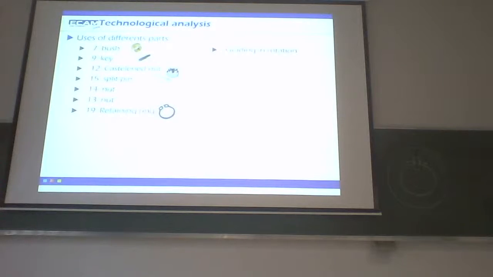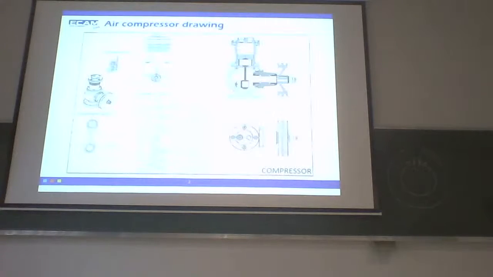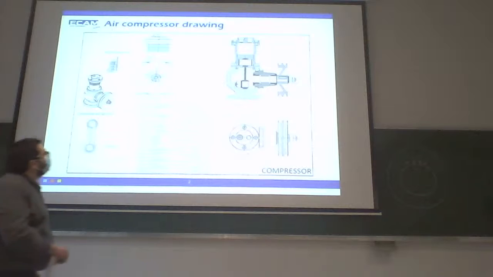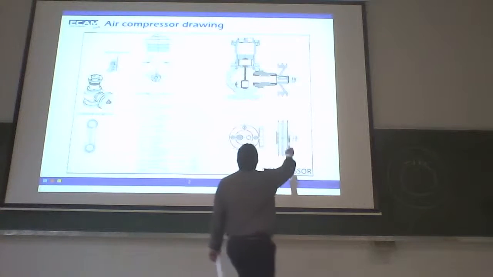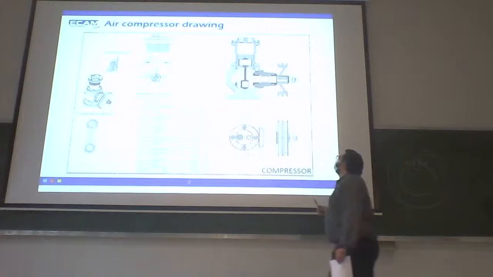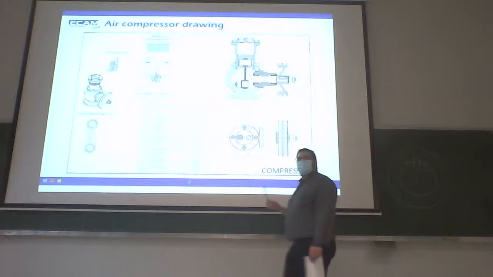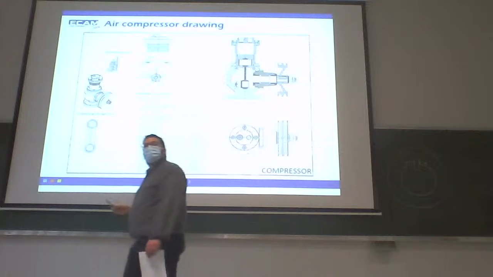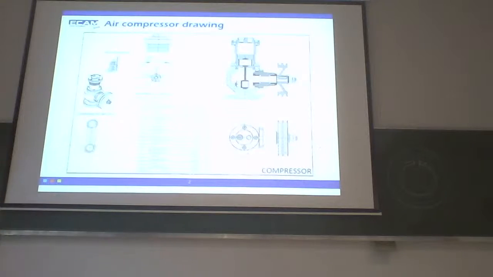Second part, part 9. 9 is the key. It is here, in the middle of the pulley. Use of a key: rotation stop.